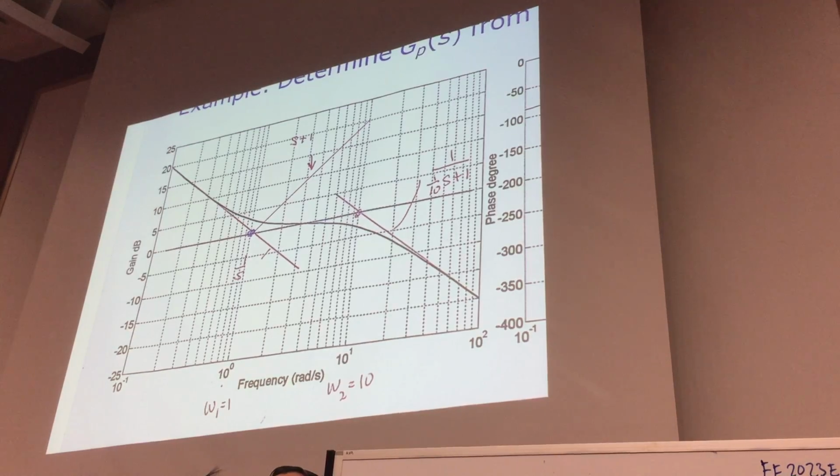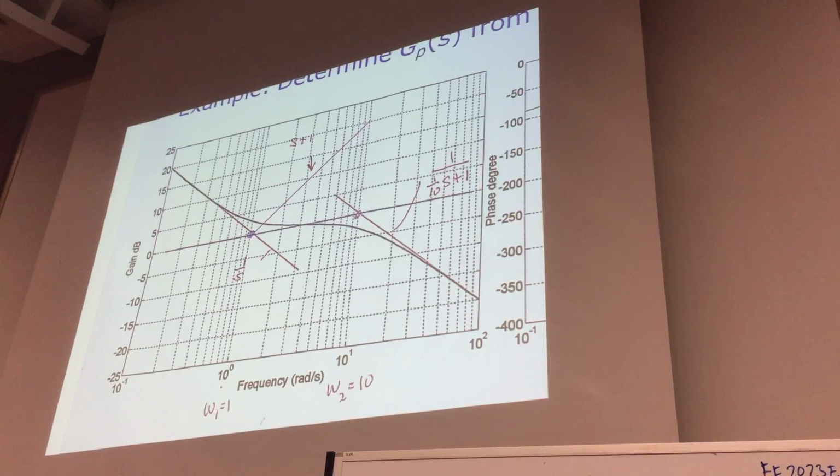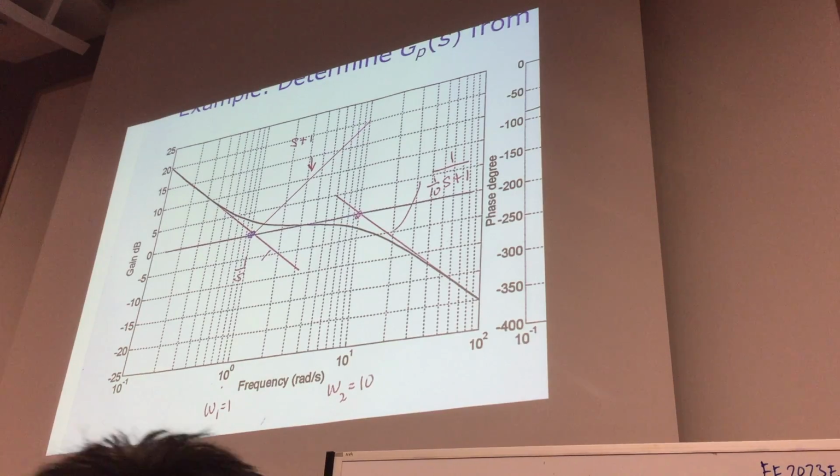We just did it. For something that goes straight down, the value of K occurs when omega is equal to 1. If things have a flat part like that, then no problem, this is 20 log K. But we don't have this, so we're going to find what that value of K is.